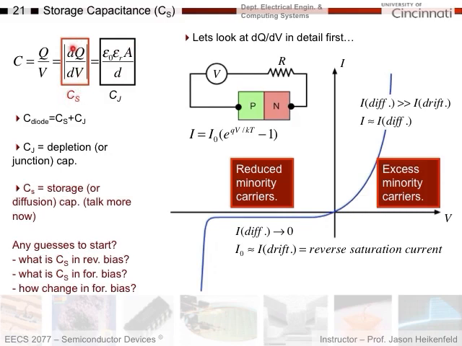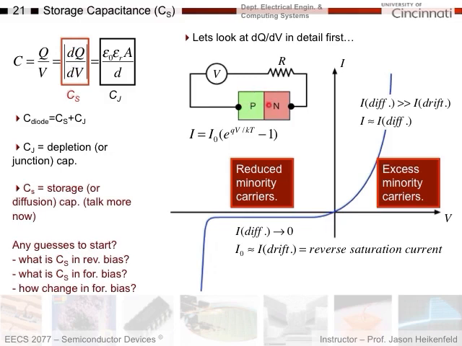So why would I have a different type of capacitance in forward bias? Well, remember, for a diode, when you change voltage on the diode, you start pouring charge over to the other side, right? And so if I change the voltage a little bit, the amount of charge pouring from one side to the other changes substantially.